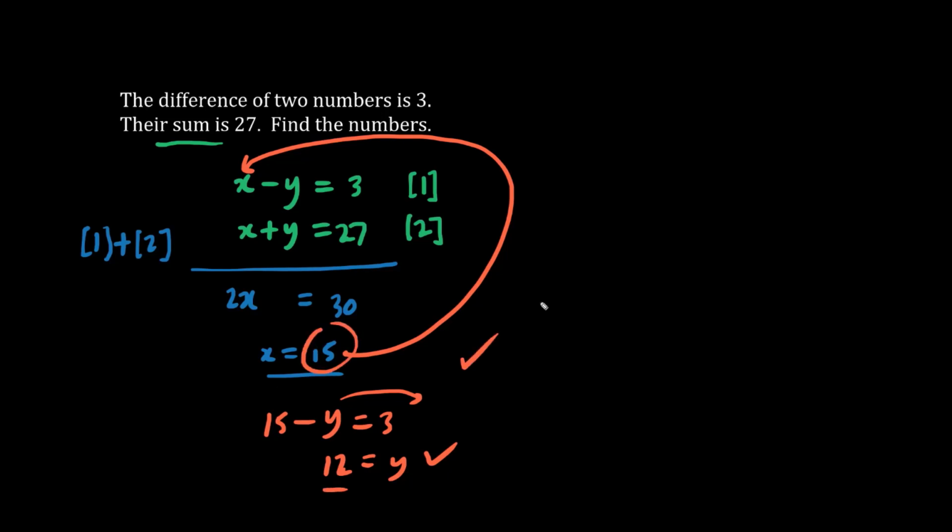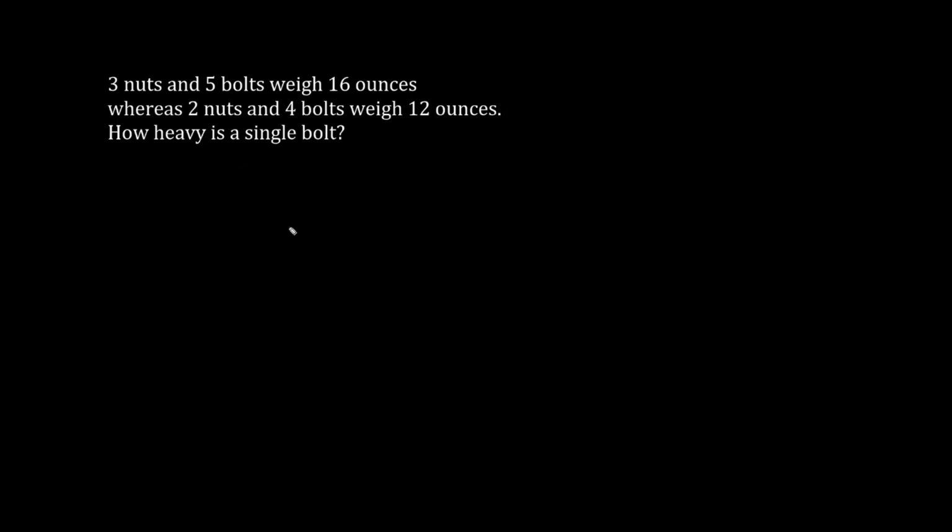We found the numbers. 3 nuts and 5 bolts weigh 16 ounces. So let's write this equation. 3n plus 5b equals 16. Let n be the weight of 1 nut, and let b be the weight of 1 bolt.